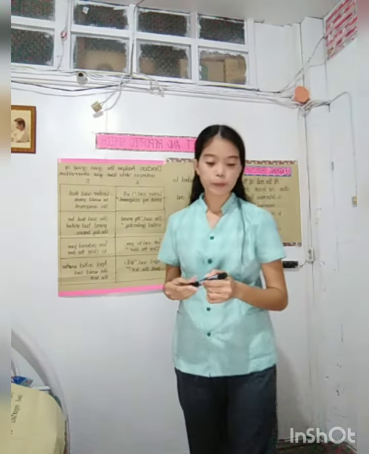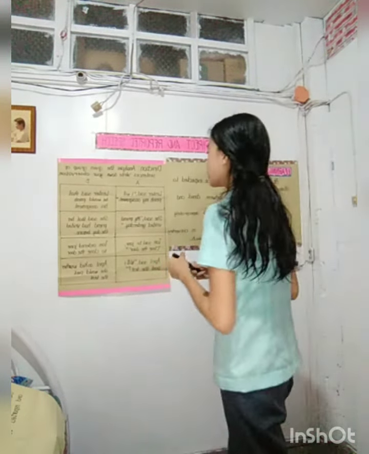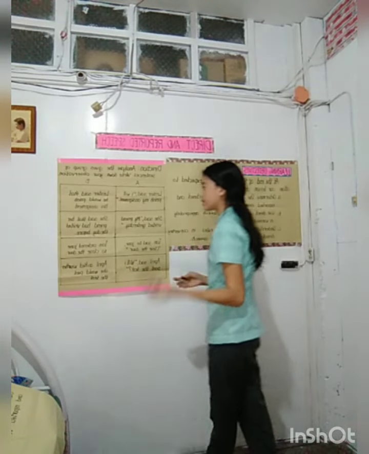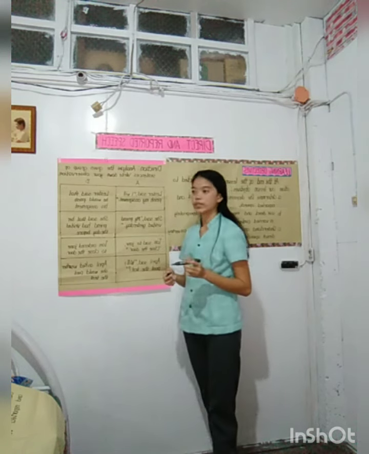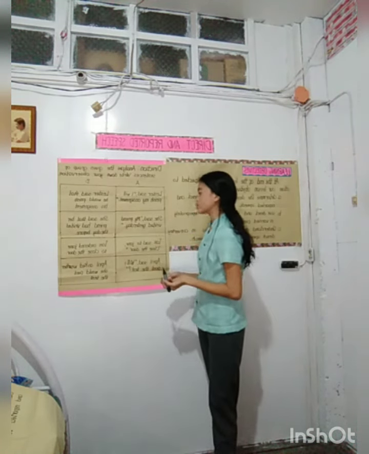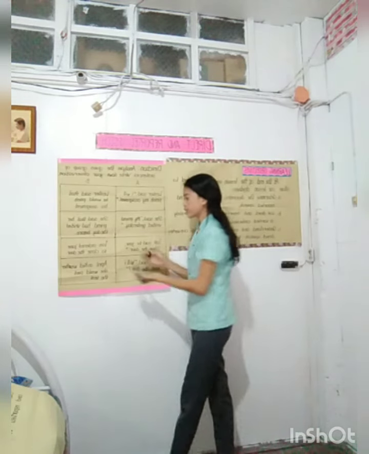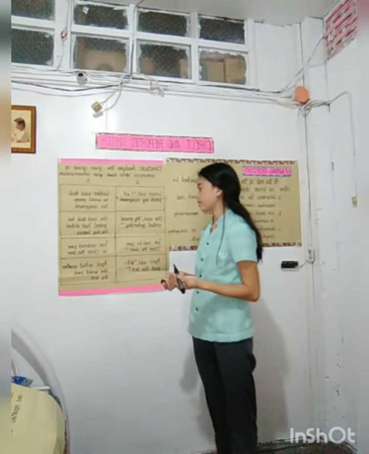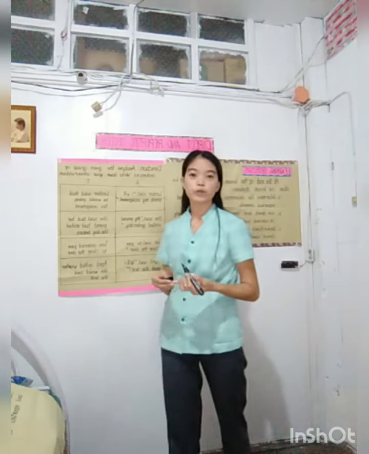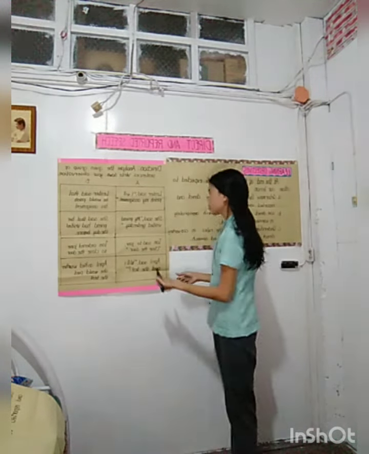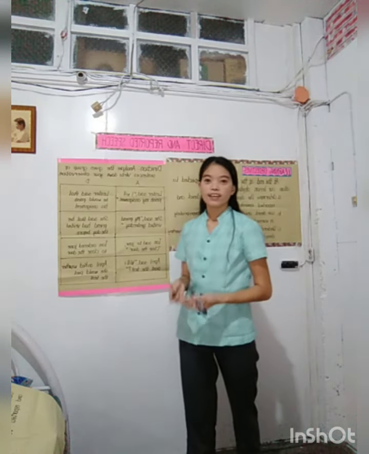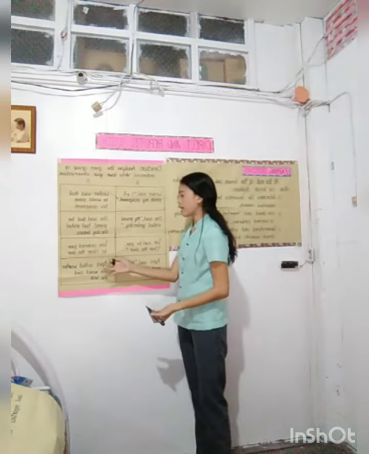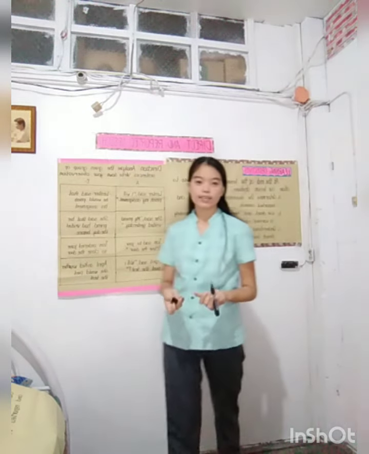And for letter B, we have she said that her friend had visited the day before. For the third one, we have Ian said to Jane, "Close the door." For the second column, we have Ian ordered Jane to close the door. For the last one, we have April said, "Will I pass the test?" And for column B, we have April asked whether she would pass the test. So what is your observation, class?